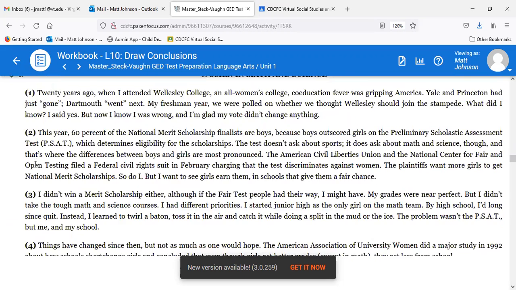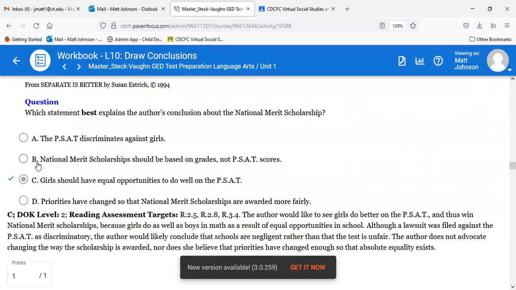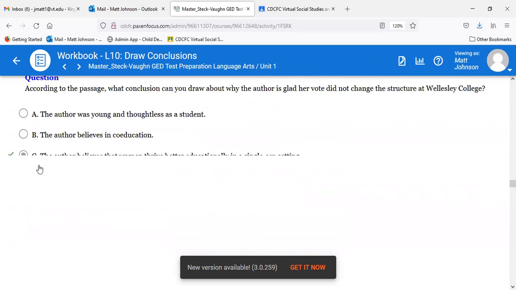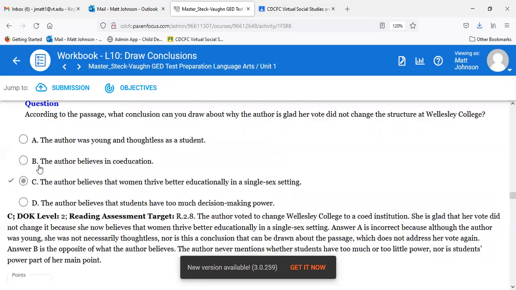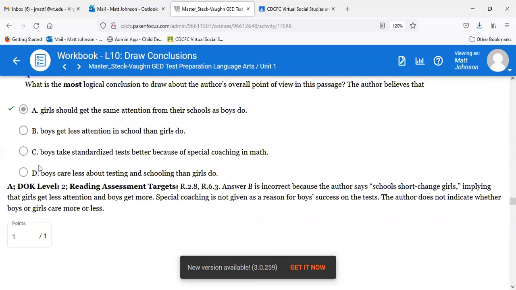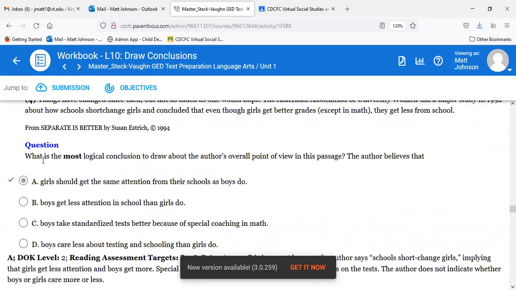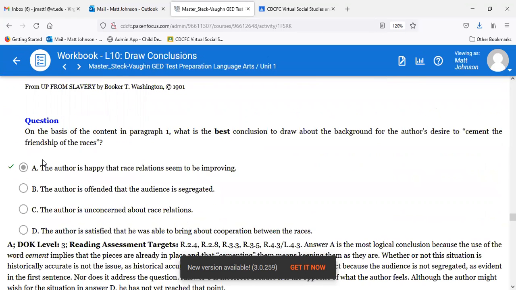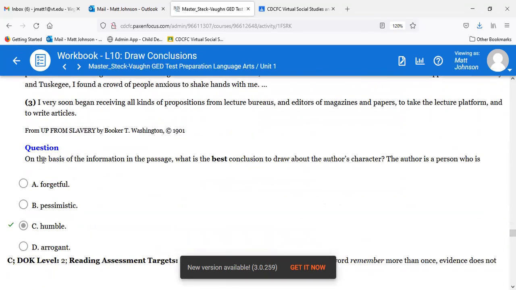So 4 is D as in dog, 5 is C as in cat. 6 is also C as in cat. 7 was A. 8 is A. 9 is C.